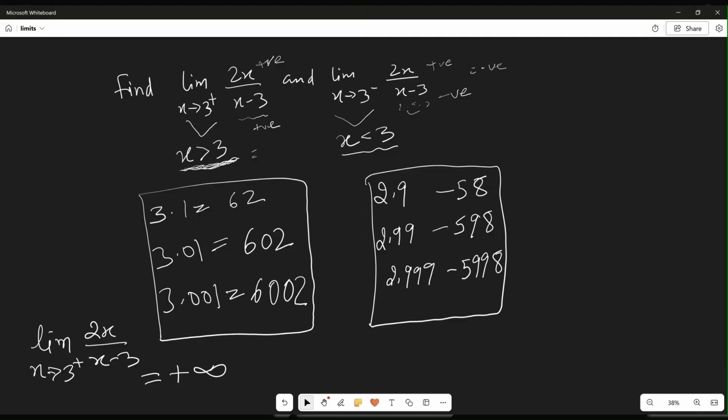Or you can just write infinity itself, right? It denotes the same idea. It's positive. However, if you're looking at the limit for this function as x approaches 3 from the left, the limit for this function less than 3 is equal to negative infinity.